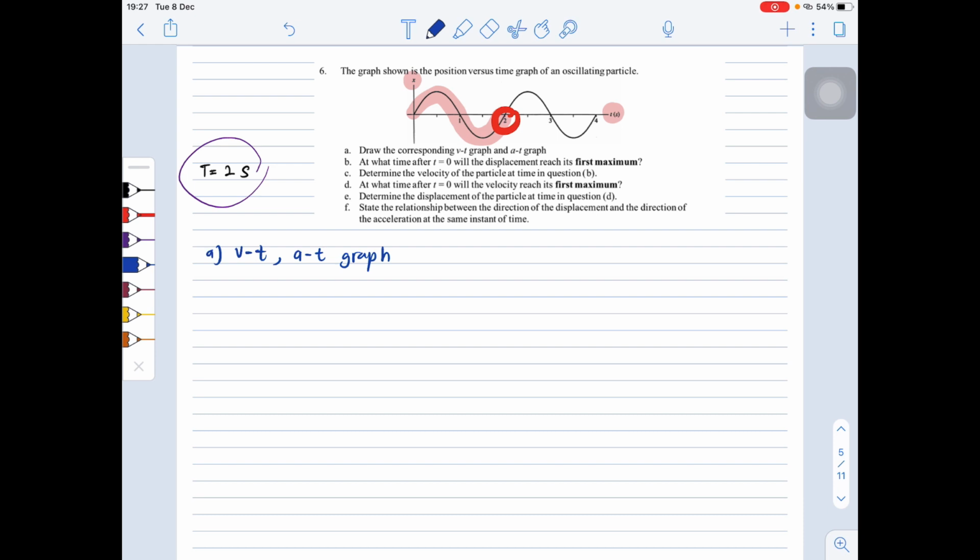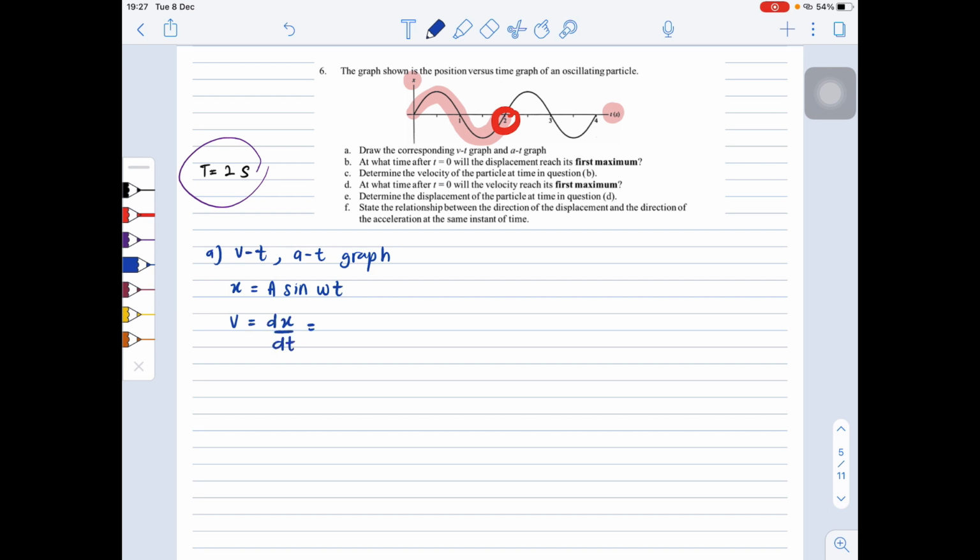Before we can draw the graph of VT and AT, let's write down the equation for this graph. So this graph is an xt graph kan, which is x is equal to A sin omega t. Ini adalah general formula, general equation untuk this graph here. So in order for us to find the velocity equation pula, velocity equation akan jadi sama dengan dx over dt.